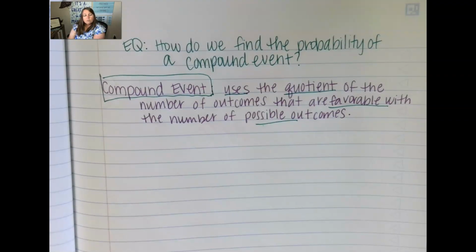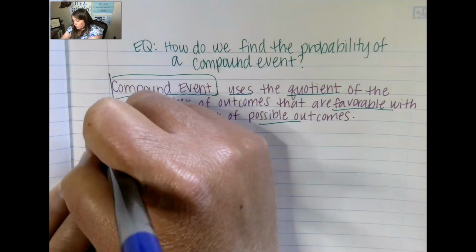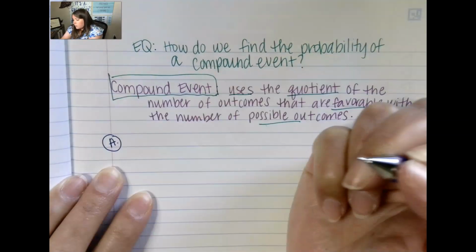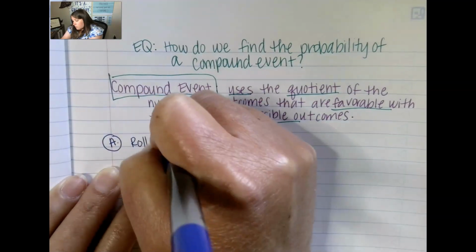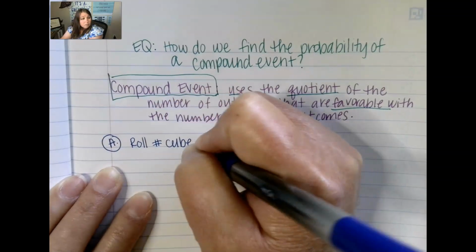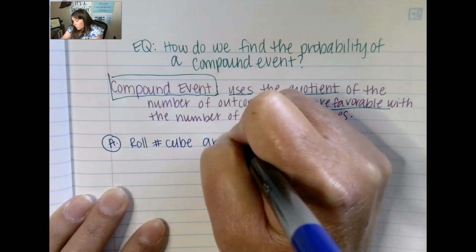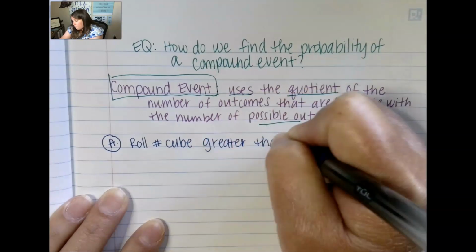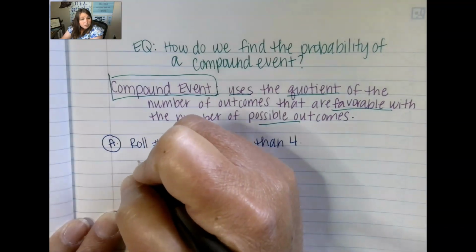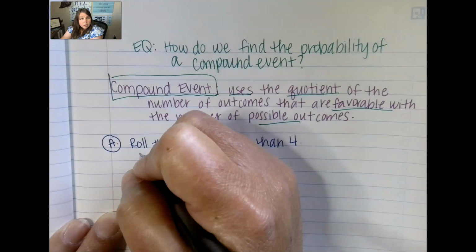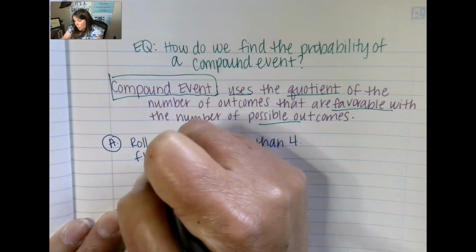Okay, so maybe we roll a number cube. So example A, we're going to roll the number cube, and we want greater than 4. We also flip the coin, and we want flipping heads only.